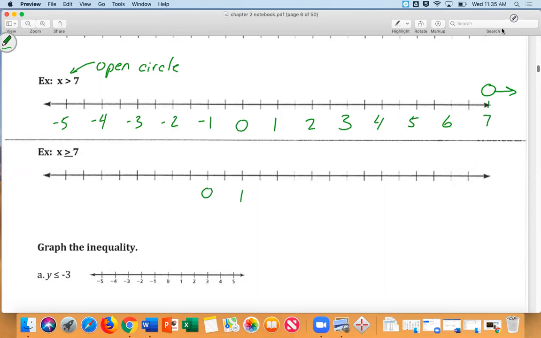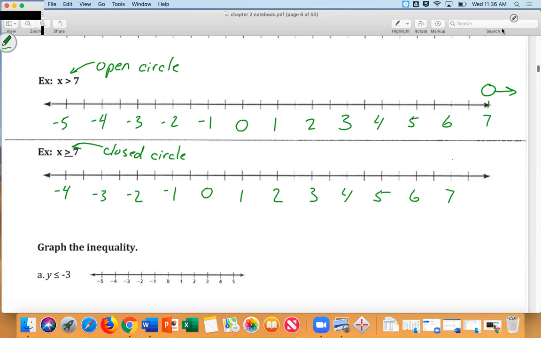Is that a closed circle? It is. So I'm going to have a closed circle at 7, and then I shade to the right because I'm eating the x.